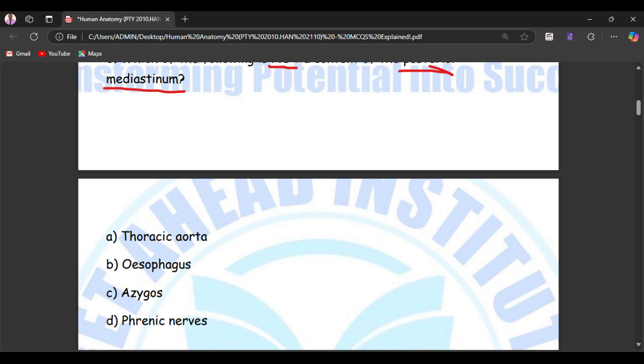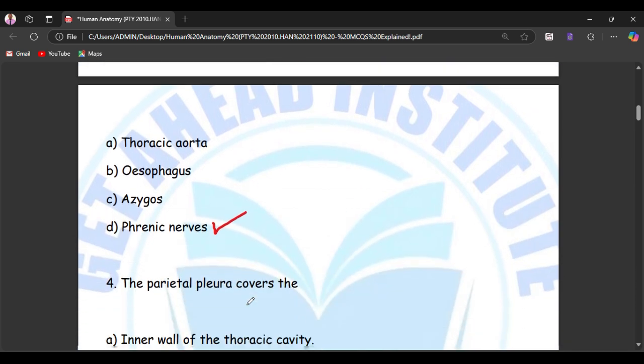When it comes to the nerves, we have the vagus nerve, and the splanchnic nerves, including the sympathetic chains. Those are part of the posterior mediastinum. So our answer to question number 3 is D. The phrenic nerves are not part of the posterior mediastinum.